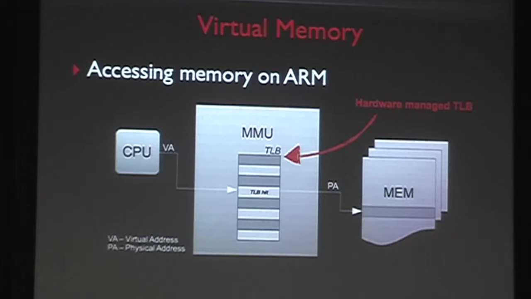To speed up this process, the MMU incorporates an array of recently used translations. The translation is done with granulation to page.